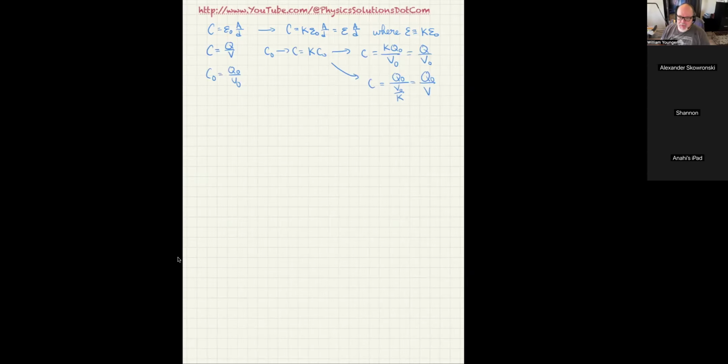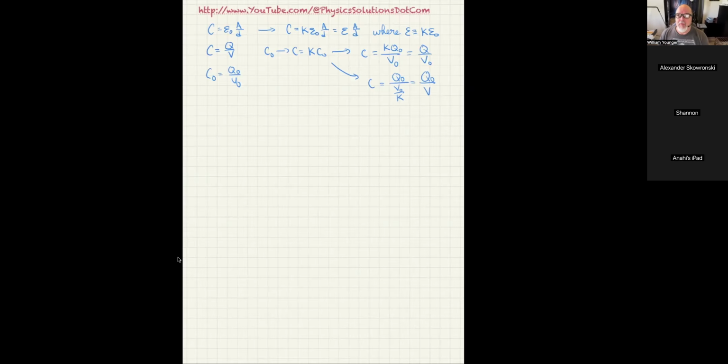You could imagine some other scenarios, physically or mathematically speaking, for instance, what if Q goes up by a factor of K over 2 and V goes down by a factor of K over 2? That would still get the same factor K, and it would cancel out the two Q's, and that would be fine as well.